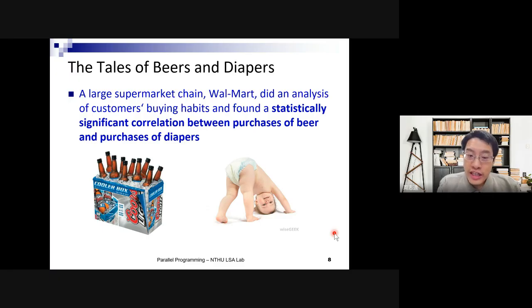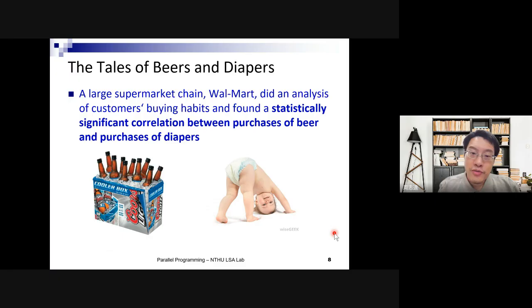What that indicates is that for those supermarkets, an important decision to make is how to place their items in their shop, right? If you put two highly correlated items in a near location, then the customer may have a better desire to buy two things at the same time, without looking for the other item.